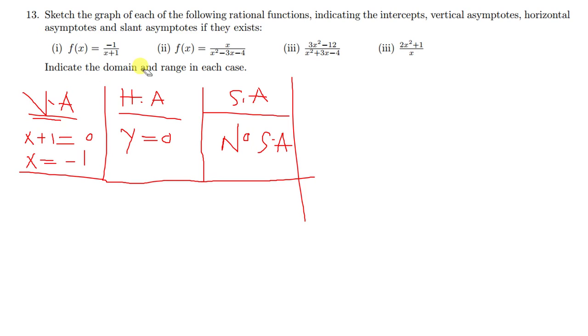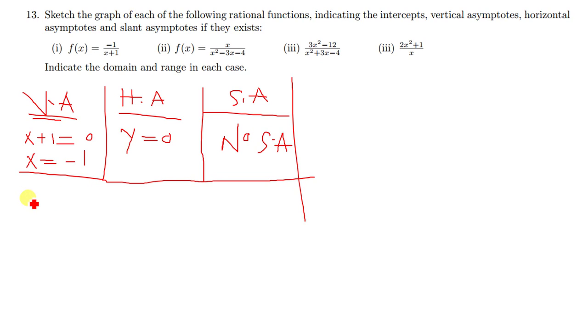We're going to have 0 is equal to -1 as our answer, which is simply telling us that when we say 0 is equal to -1 over x plus 1, if we try to make x the subject of the formula, it's not going to be possible, because we're going to have 0 is equal to -1 as our answer. Hence, this curve has no x-intercept, meaning it does not cross the x-axis.